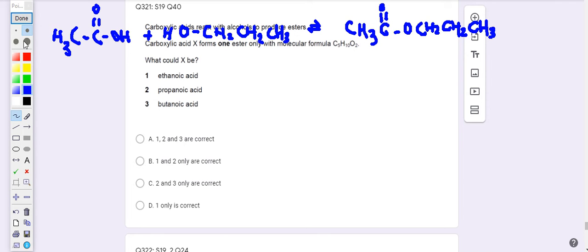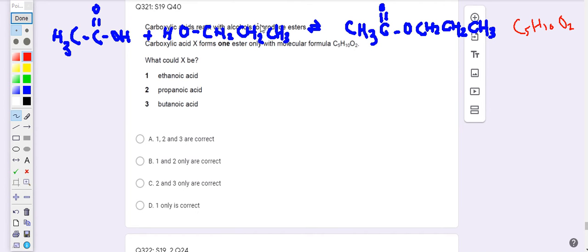Now if you count the number of carbon, hydrogen, and oxygen, you will realize that it has the molecular formula C5H10O2. But is this the only alcohol that we can use so that we get C5H10O2 ester? No, the answer is no.